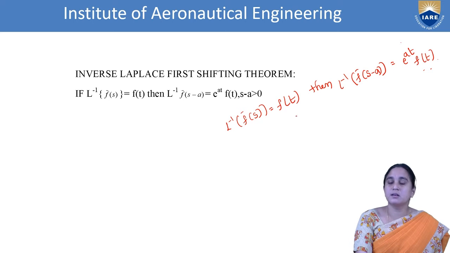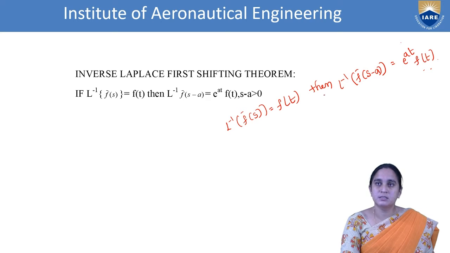This is the first shifting theorem. That is, if Laplace inverse of f bar of s is equal to f of t, then for the function in terms of f bar of s minus a, the inverse is e power at into f of t.